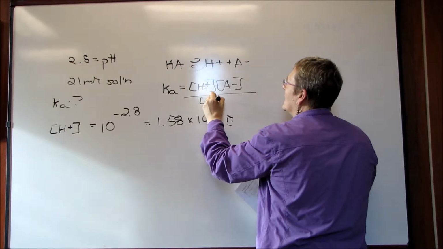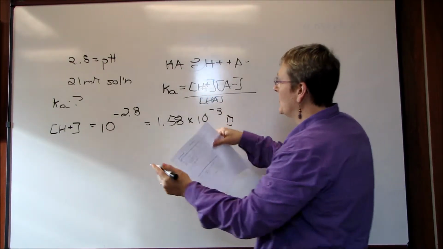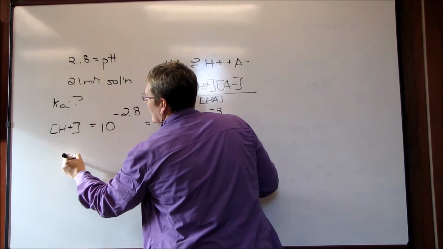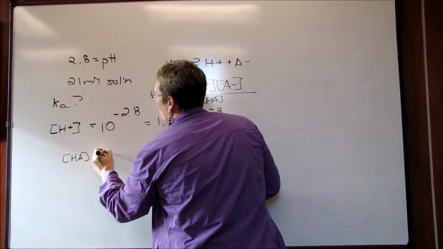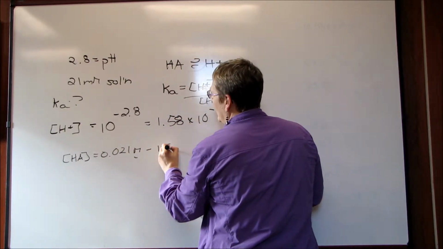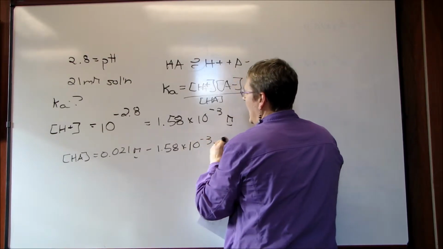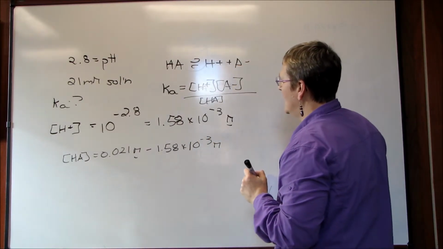the concentration of HA. We can calculate how much HA we have left because we know that we had 0.021 molar to start, and then 1.58 times 10 to the minus 3 are now as A minus and H plus.